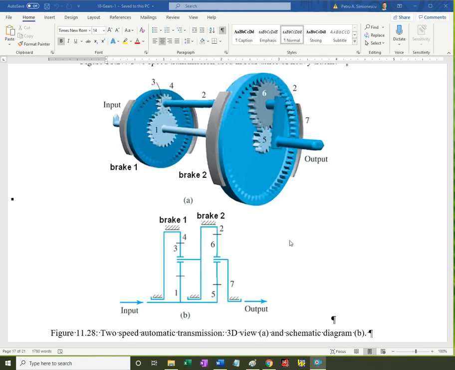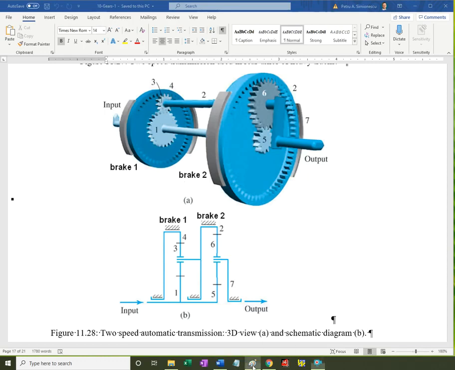This can be used as a very basic, simple automatic transmission by applying either brake 1 or brake 2 and immobilizing, that is setting to 0 RPM, ring gear 4 or ring gear 2, which is the same as the carrier for the first unit. You get one or the other of the speeds.